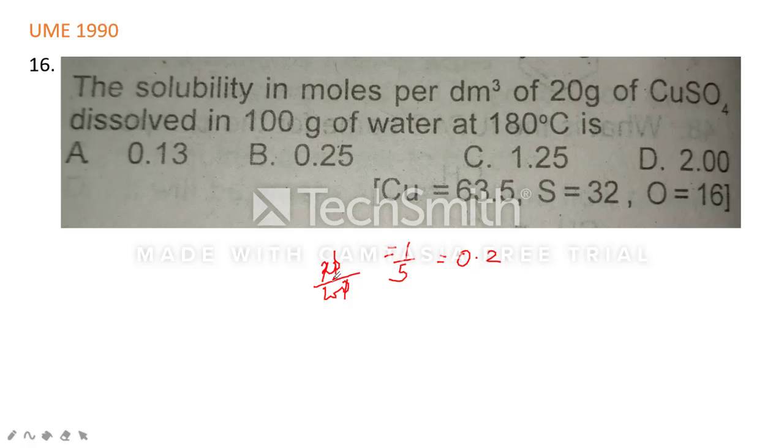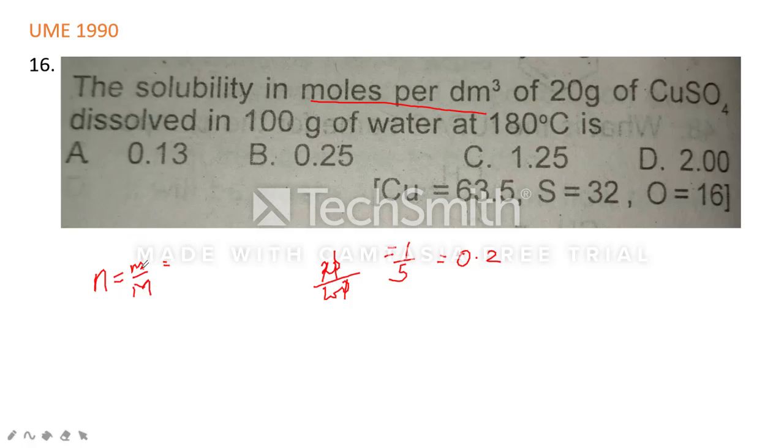Oh, sorry, since it's per dm cube, it's moles per dm cube. So we need to look for the mole. The mole is mass over molar mass. I was thinking I could just get it in grams per 100 grams of water, but I just saw that we're asking moles per dm cube. So please be careful too.